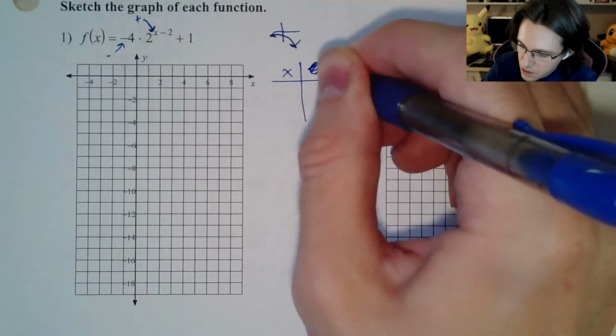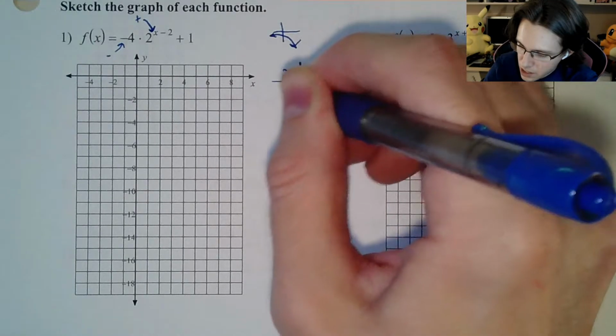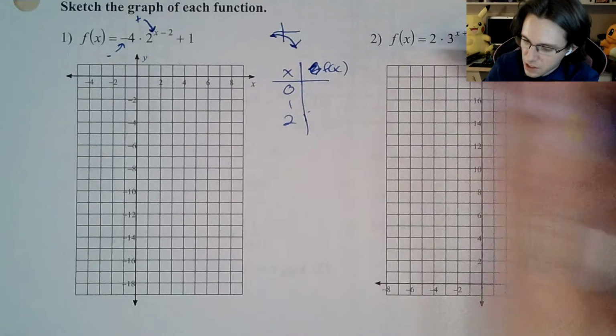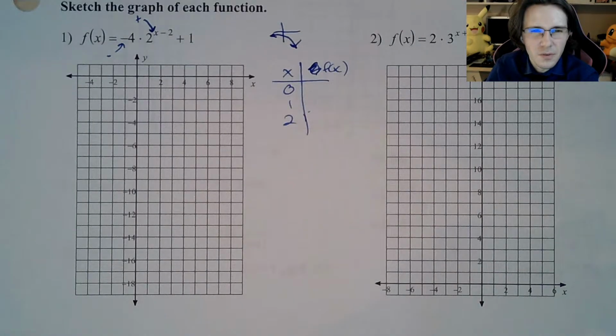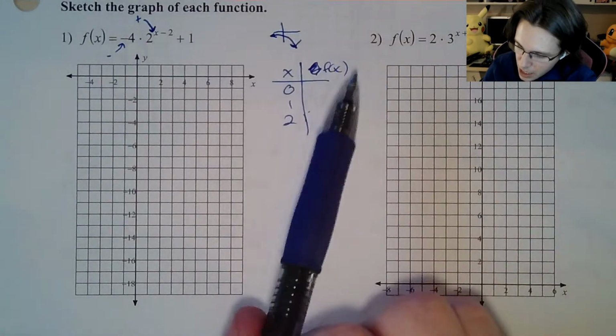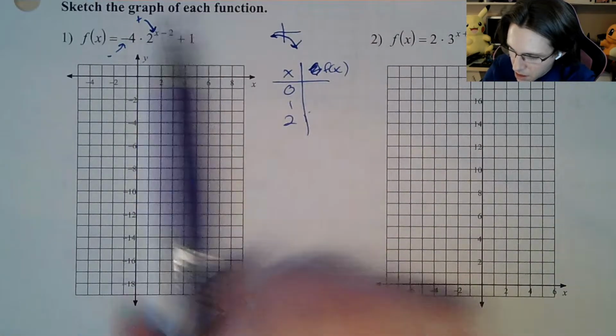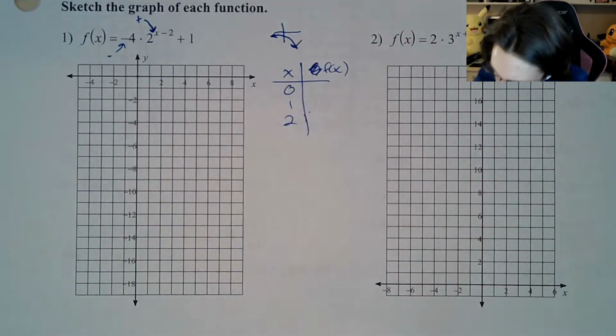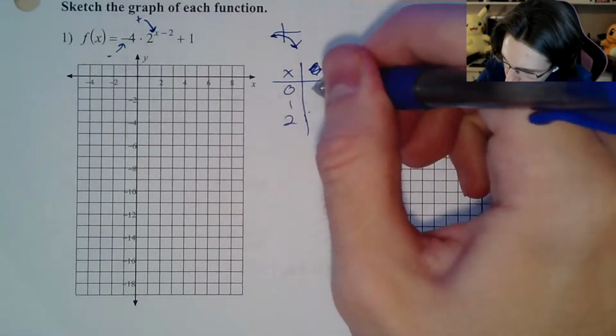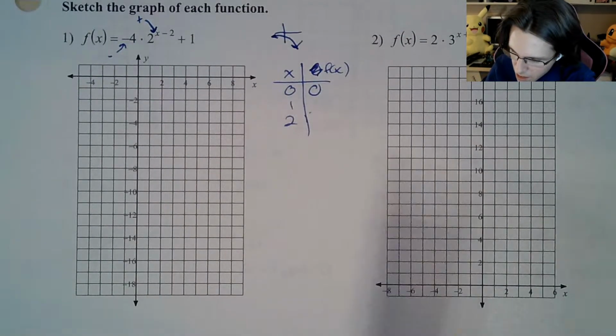I don't know why I wrote 0 in advance. So 0, 1, and 2 is what I'm going to do for this question. Plugging in a 0 here, does it give you 0 again? I believe it does. Plug in 0, divide by 4, add 1. Yep, it does.